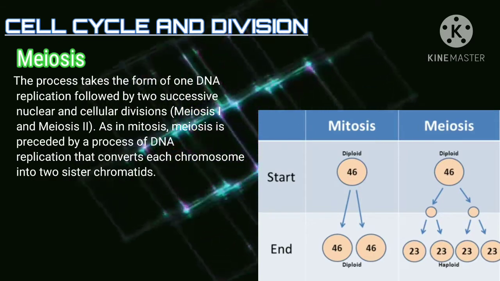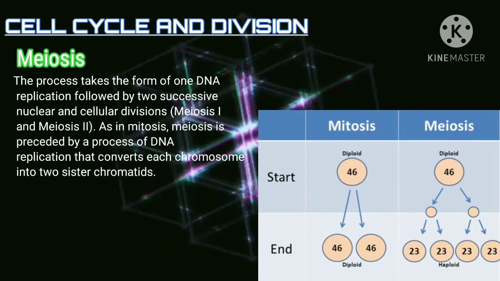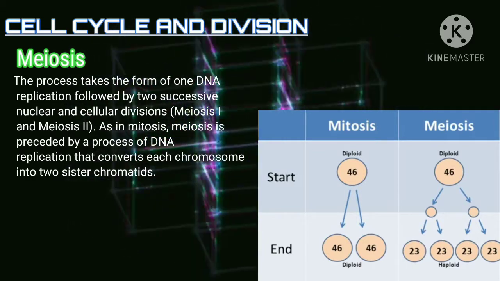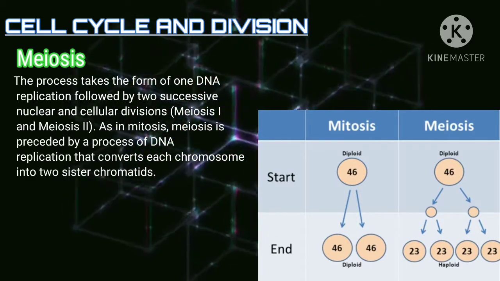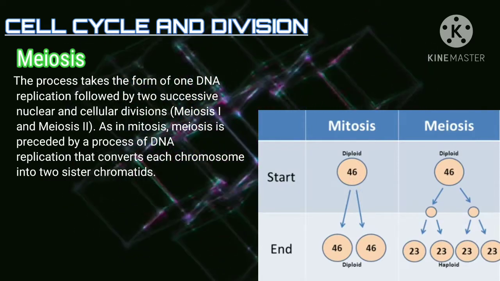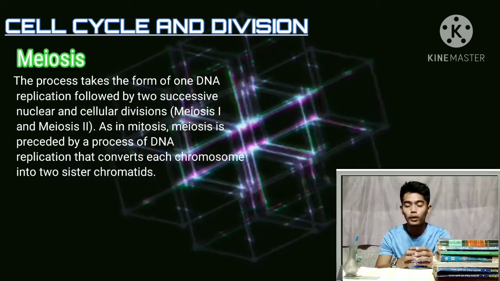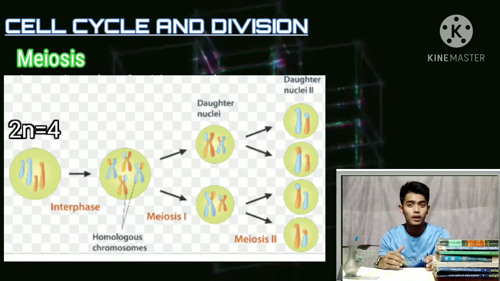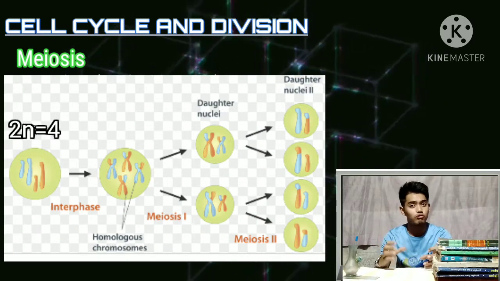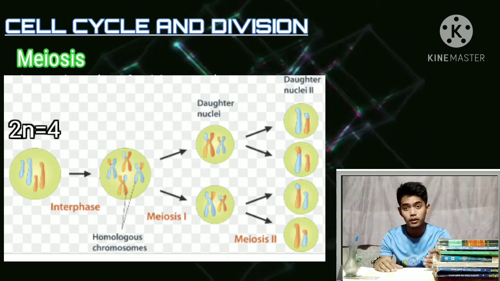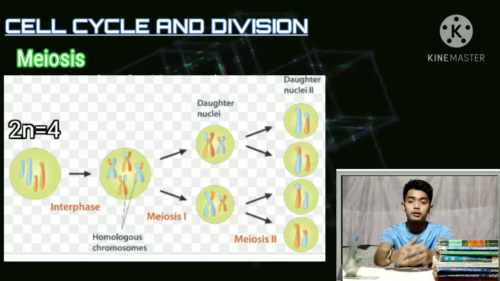As in mitosis, meiosis is preceded by a process of DNA replication that converts each chromosome into 2 sister chromatids. So, in meiosis, we have 2n equals 4. It means that we have 2 chromosomes from the father and 2 from the mother, and they'll copy themselves.